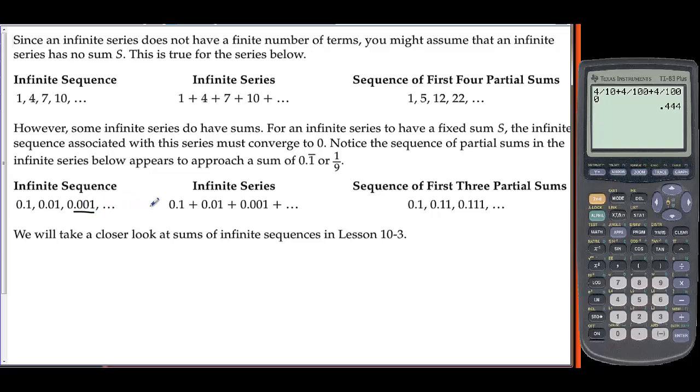So we're adding less and less. The infinite series is, of course, add those up. And then the sequence of the first three partial sums is 0.1, 0.11, and 0.111. And notice how each time you just keep adding another 1. Well, that's converging to 0.1 repeating, or a fraction of 1/9. We will take a closer look at sums of infinite sequences in Lesson 10.3.